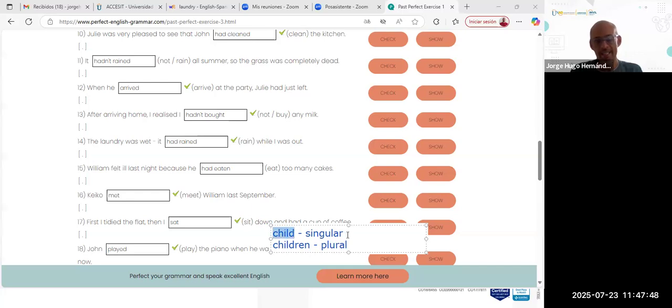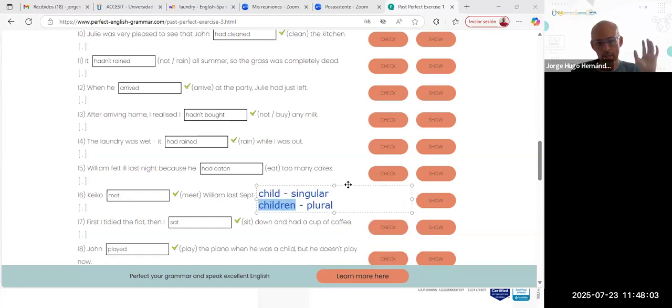Here, I say child. And here, children. And what is the difference? When I say child, it's only one. When I say children, it's two, three, four, many, okay? Pay attention to that difference between singular and plural. So here, John played the piano when he was a child, but he doesn't play now.